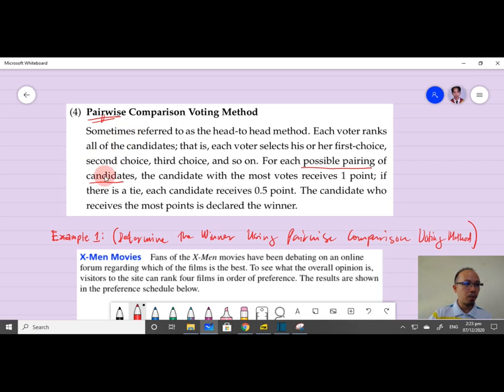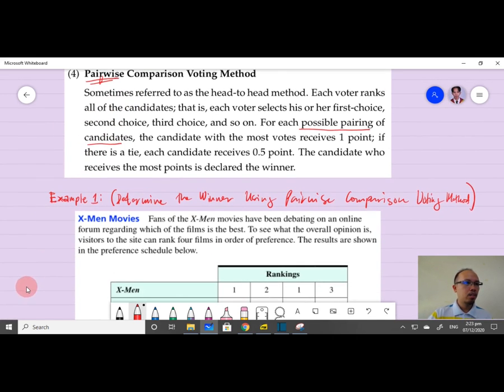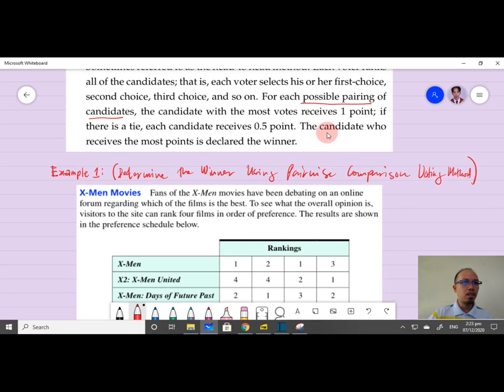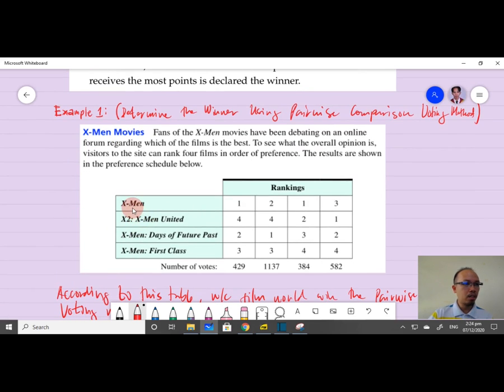Anyway, I will discuss that one later. So it says here that the candidate who receives the most points is declared the winner. So you have to pair every candidate. But remember that X-Men versus X-Men United is the same as X-Men United versus X-Men.